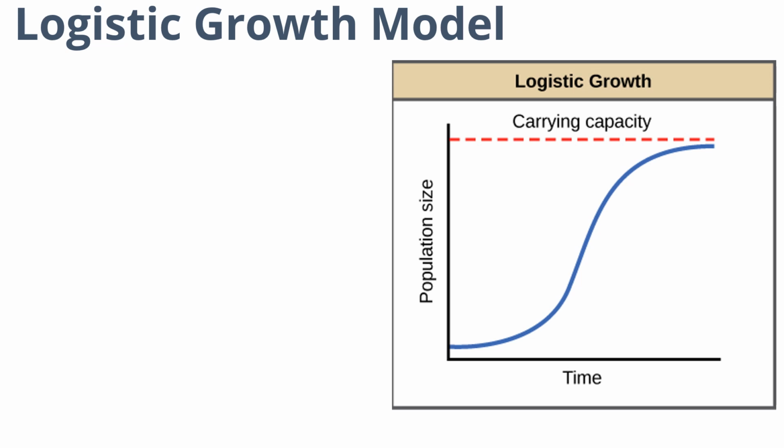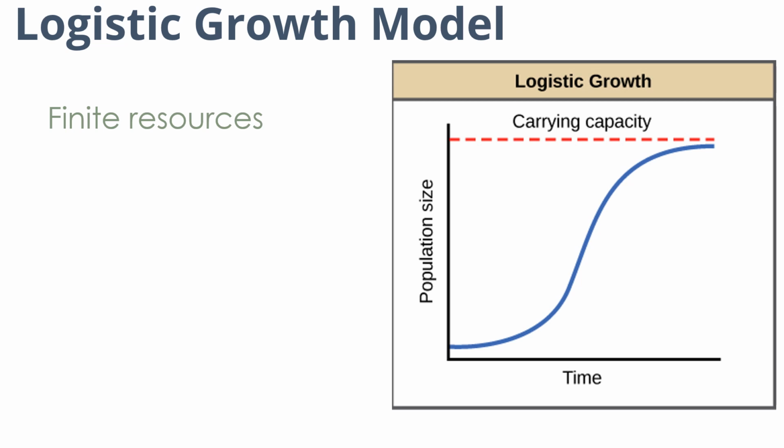So the exponential growth curve we were just talking about is possible only when infinite resources are available, and this is simply not true in most natural systems. So exponential growth cannot continue indefinitely due to limited resources.